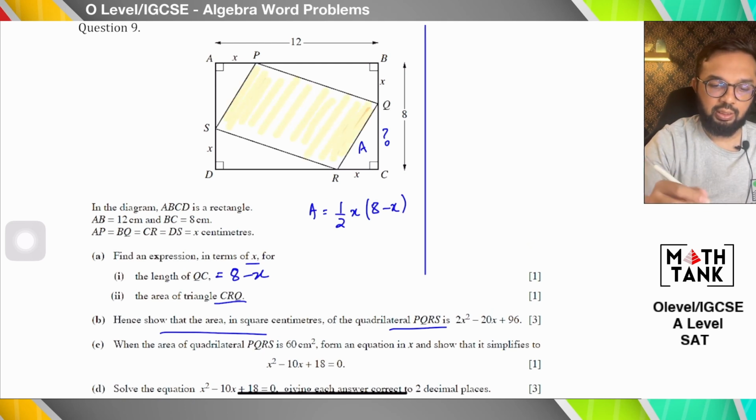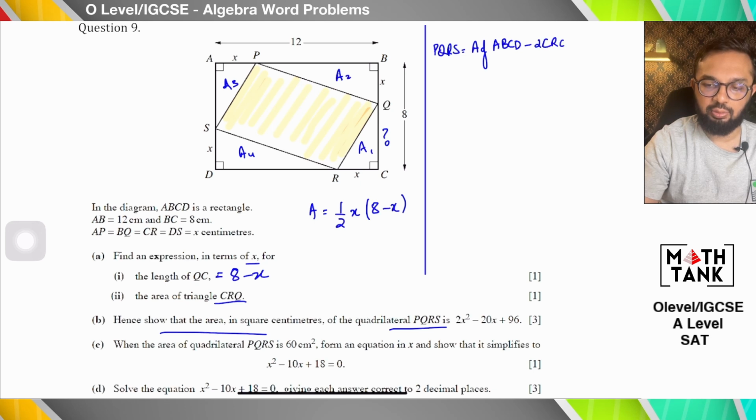How I can find it is if I subtract these four areas, A1, A2, A3, A4, from the entire rectangle. So I'm going to say that PQRS is equal to the area of ABCD minus 2 times CRQ minus 2 times, let's call that, PBQ.